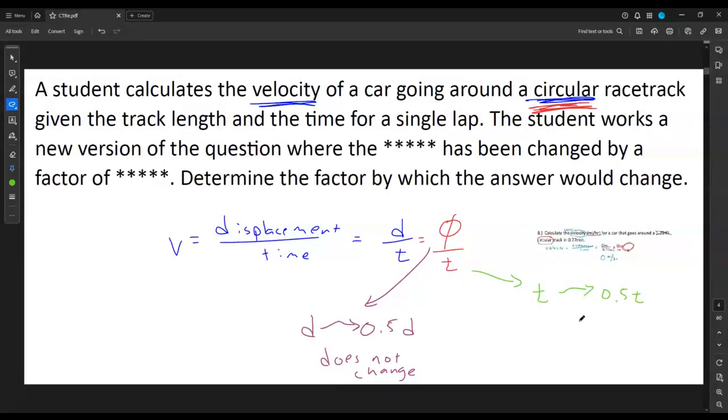Well, we would have 0 up top and divided by half the time. Well, that's going to make 0 again. So we want to think about that, right? There's still a 0 in this, and so this does not change. So displacement, when you're going in a circle, is going to be 0 no matter what.